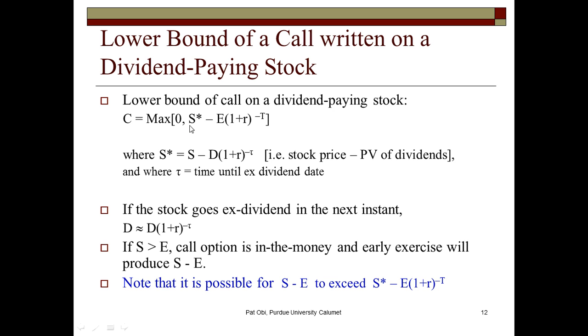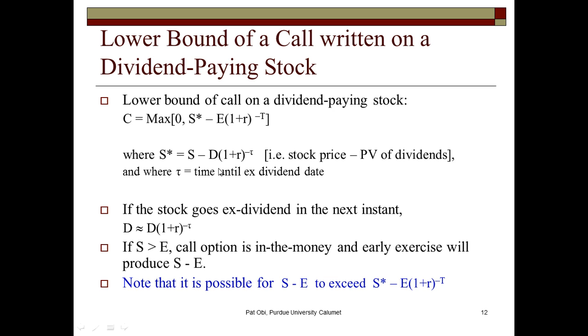These are all things we've seen before, except for S star, which is simply the stock price S minus the present value of the dividends that would be paid. Remember, a dividend paying stock falls in value on the ex-dividend date. So we need to adjust the stock price by the present value of the dividends that would be paid.